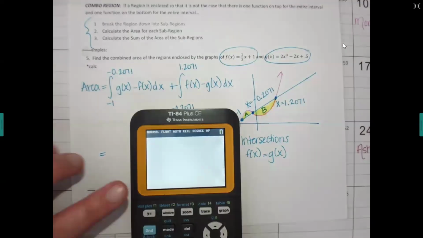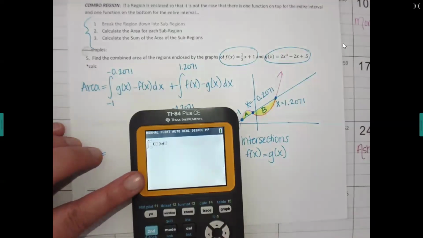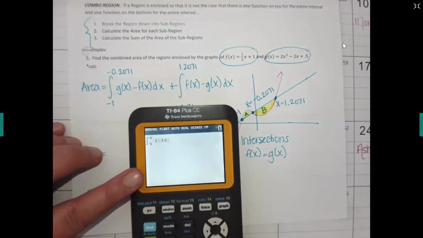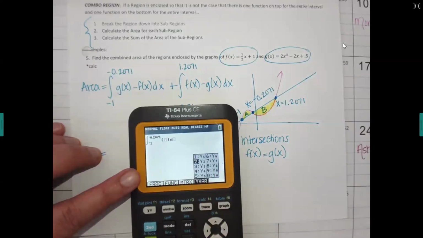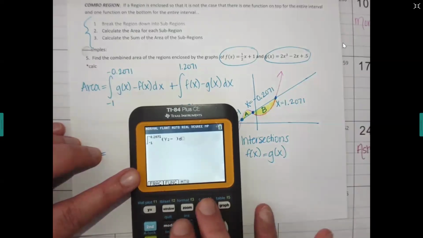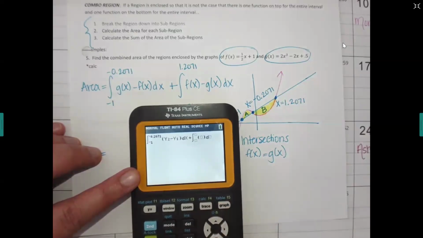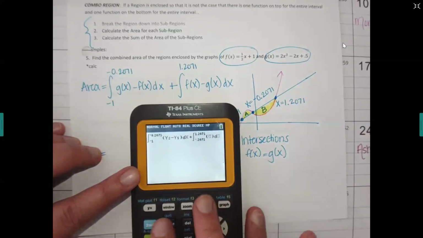So you'd go to your regular home screen, Math 9, -1, 0.2071. Make sure you subtract them in the right order. Your G is your Y2. The second one will be Y1 minus Y2.